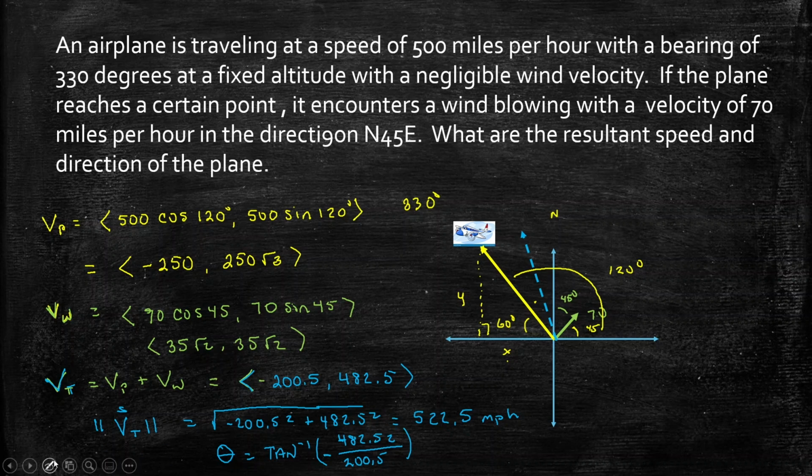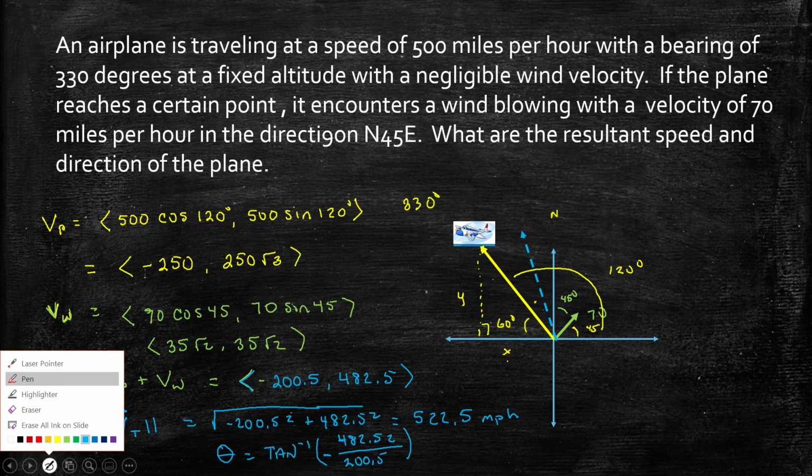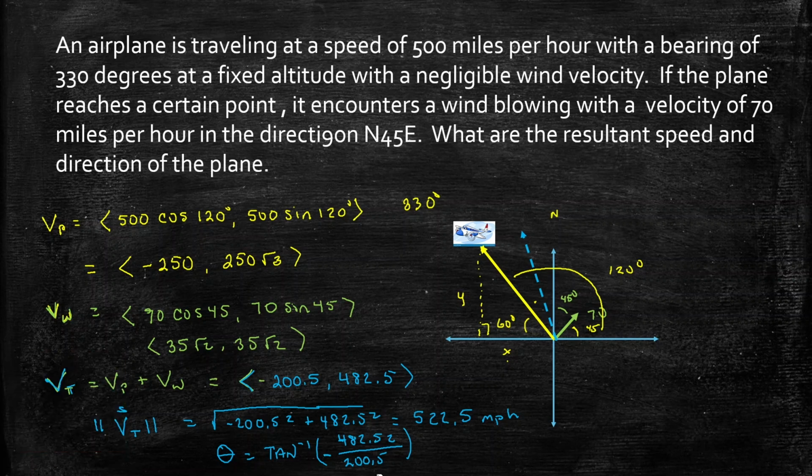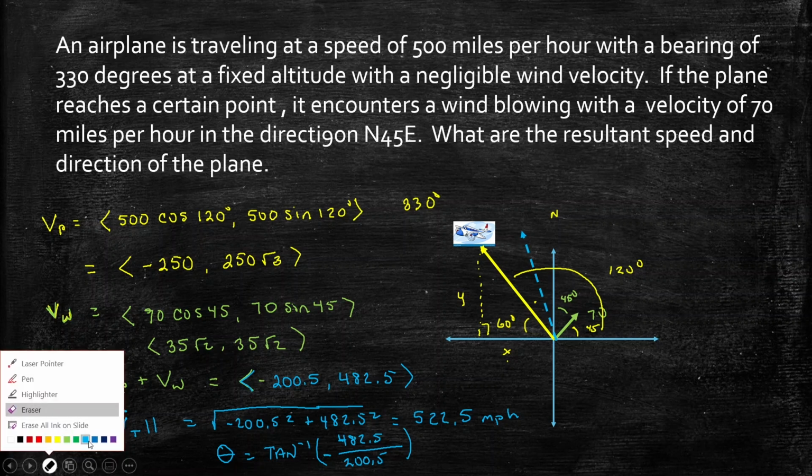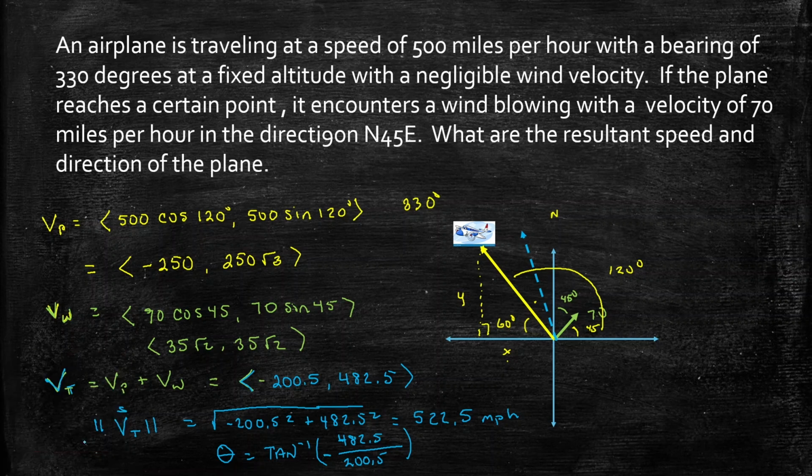So then that arctangent value is going to give me a negative result, right? I'm going to get theta of that is negative 67.4.